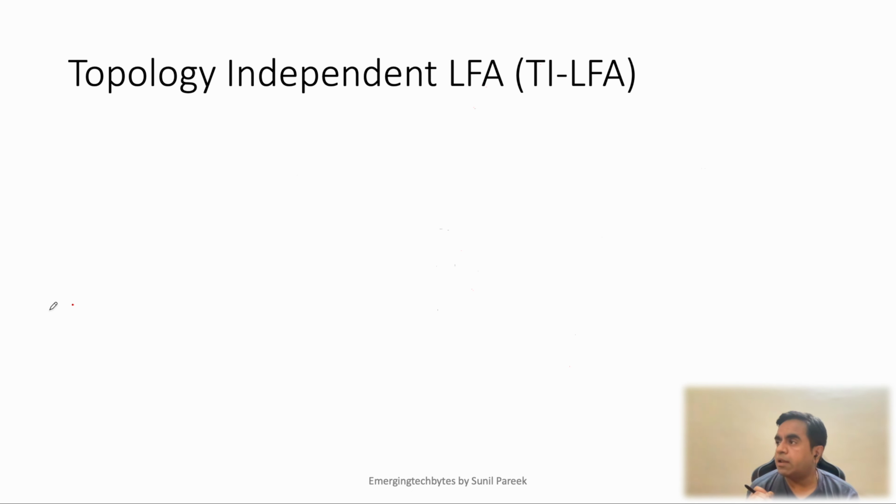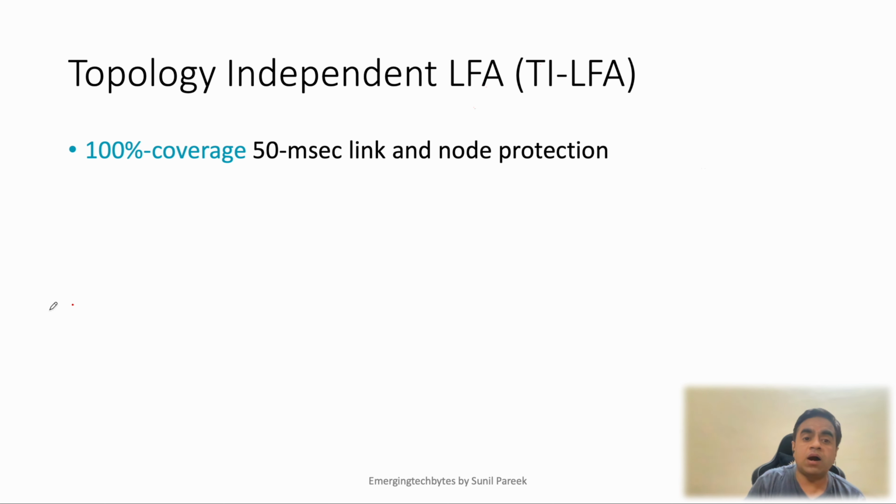So TI-LFA. First of all, as I was saying, LFA and RLFA provide 99% of the coverage. TI-LFA provides 100% coverage with 50 millisecond link and node protection. What does that mean?